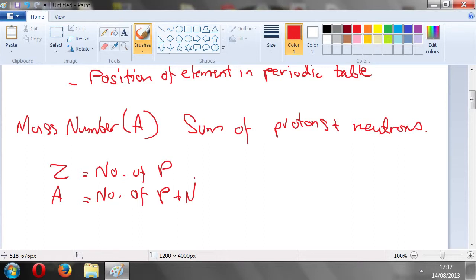So that's a good way to look at it because when we look at the number of protons, that's going to be fairly consistent.